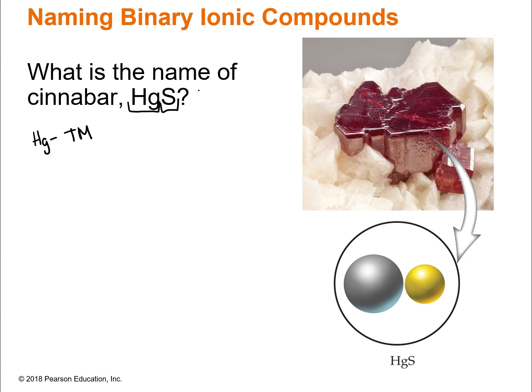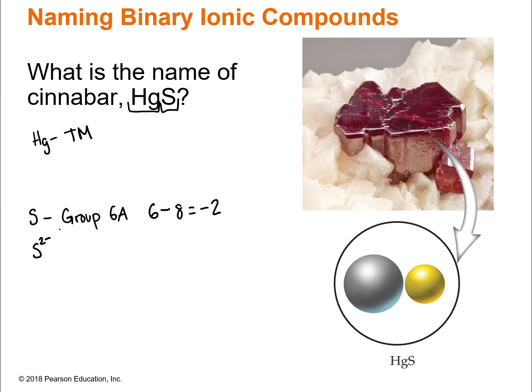We first have to figure out the charge of the anion. We're dealing with sulfur. It is a group 6A nonmetal. That means that we find its charge by taking its group number, 6, subtracting 8, and that gives us -2.